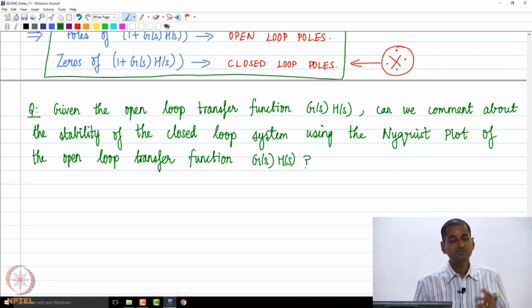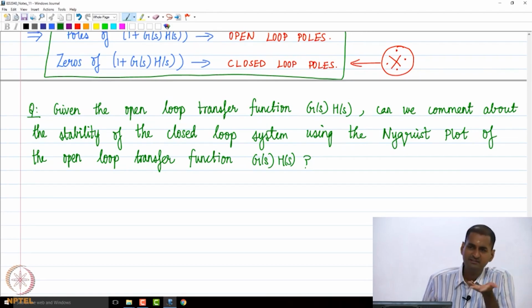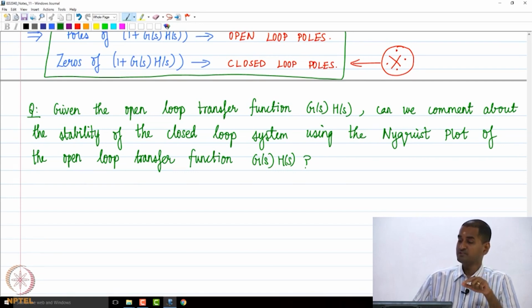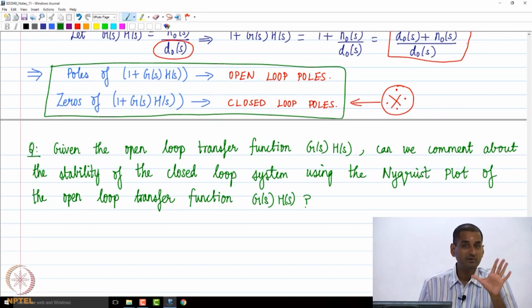Let me repeat the question. You are given the open loop transfer function G(s)H(s). So we know the open loop poles. Open loop poles are nothing but the poles of 1 plus G(s)H(s), as we see in the green box. We know them.